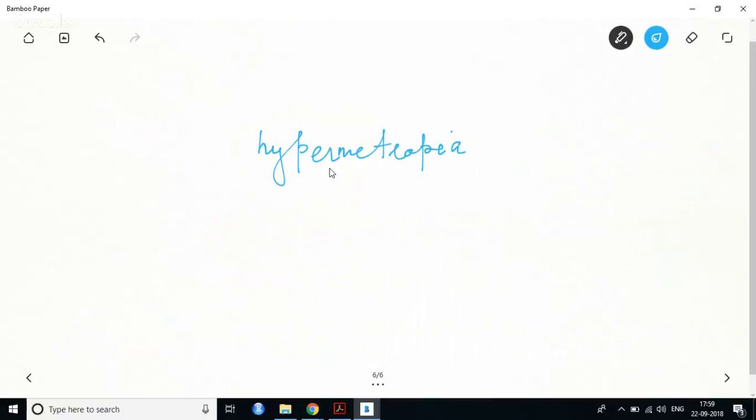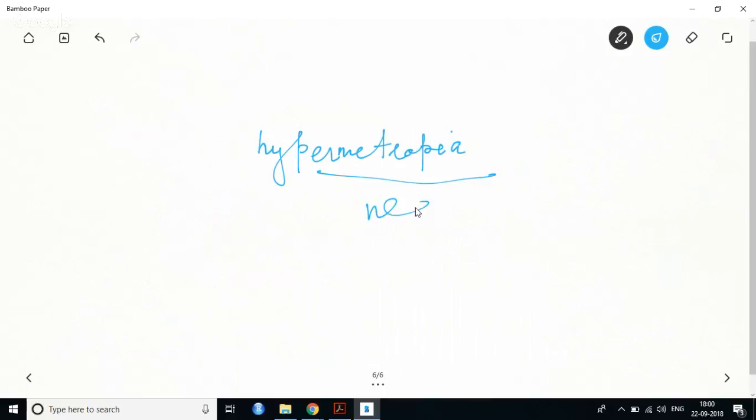What has happened in hypermetropia or long sightedness? The person can see something which is far beyond, but cannot see something which is near. So the least distance of distinct vision increases, which is also called near point.